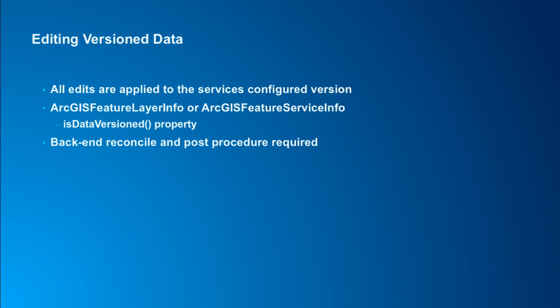You can check whether the layer and the data is versioned if you like, but we don't really think you're going to do much with that, but it is there just in case you need it. And essentially, if you're working with versioned data, the process is that there should be a back-end reconcile and post process. Once that data goes into that version, then you need to provide back-end processes for you to reconcile those edits with your other versions in that database if you want to for those long transactions.